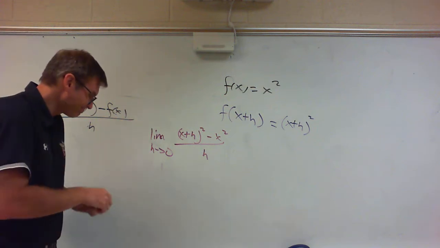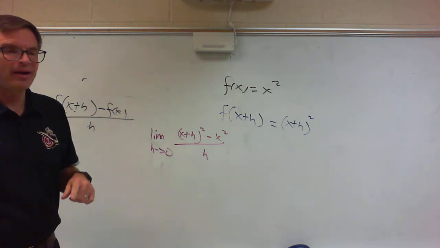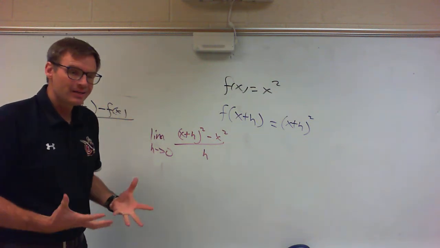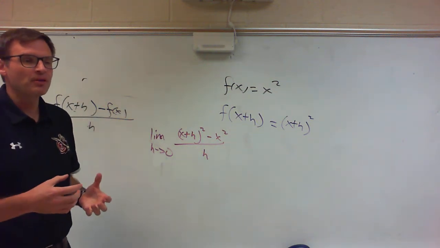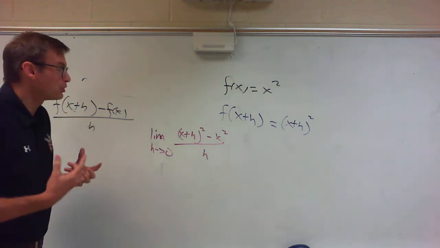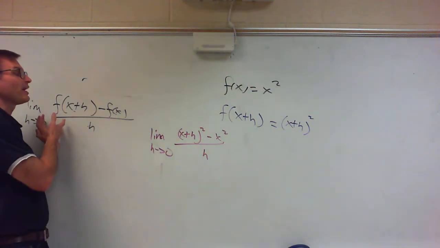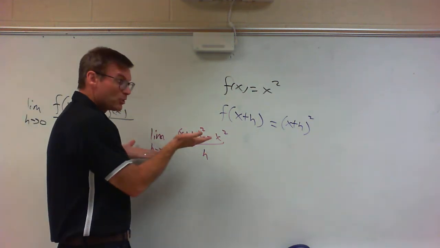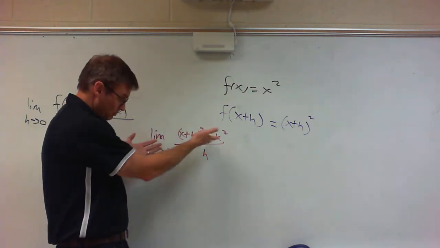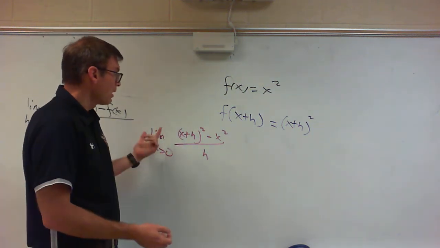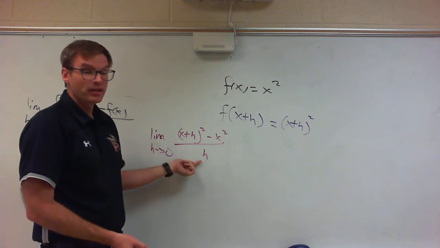Now, this is why I made you do all those limits a couple of weeks ago. Because pretty much every one of those limits that we did a couple of weeks ago is going to show up when you're trying to find out what the slope is. So to find the slope, I need to compute the limit as h goes to 0 of this. Now, the way you compute limits, as h goes to 0, you plug in h equals 0.